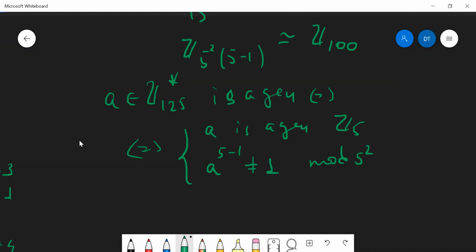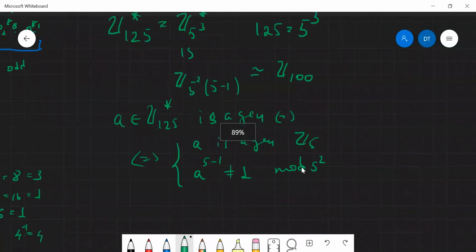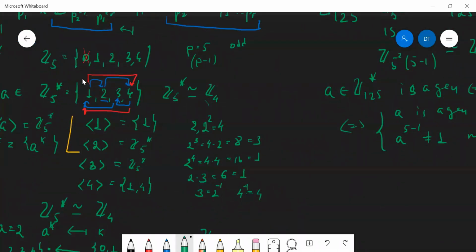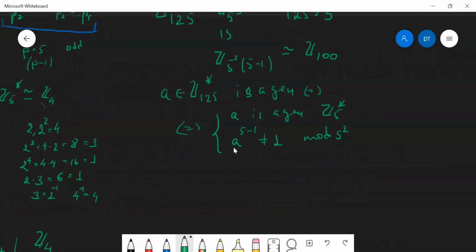We already described all the generators of Z5 star. We know that the generators here are 2 and 3. So the first condition becomes A must be 2 or 3 modulo 5.